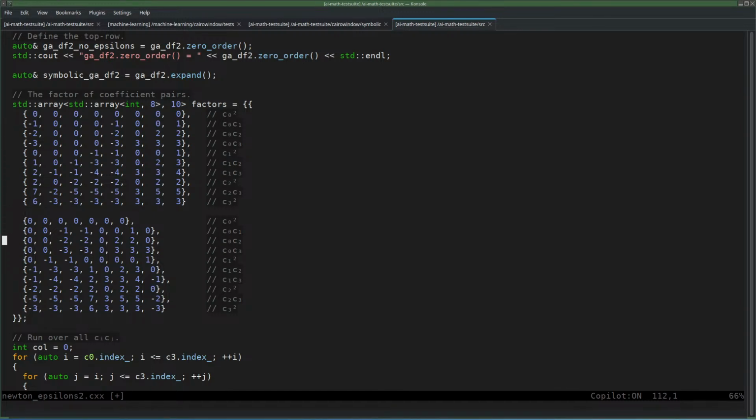It's completely different. Oh, the hell. I don't know what I was doing here.